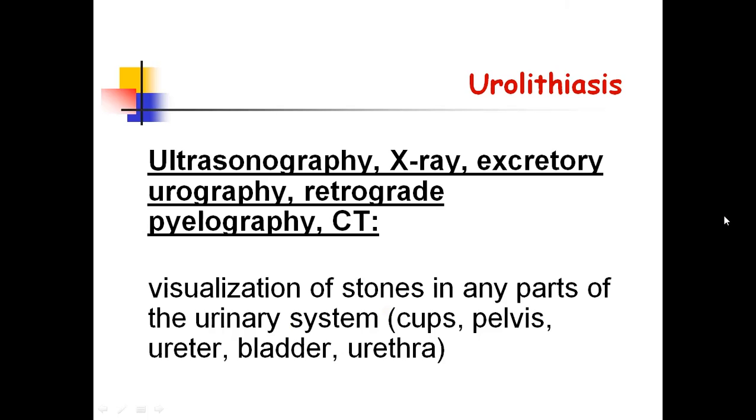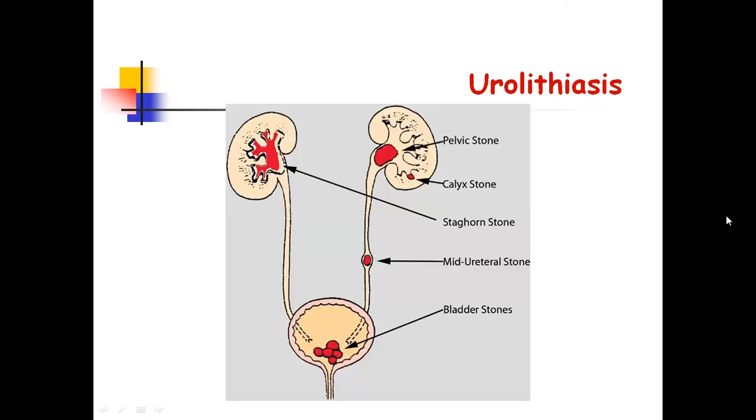Radiological features of kidney stones on ultrasound, X-ray, excretory urography, retrograde pyelography, or CT are the same. It's direct visualization of stones in any part of the urinary system. For example, here a picture shows us where pelvic stones may be found.